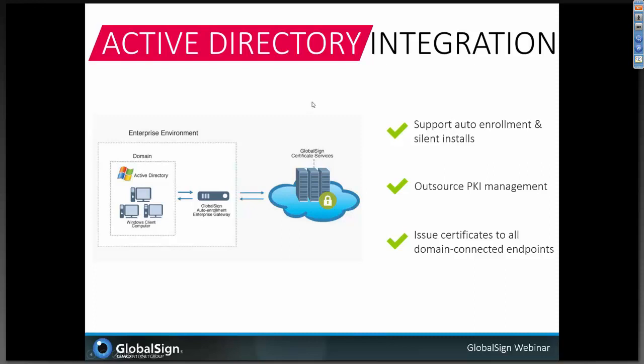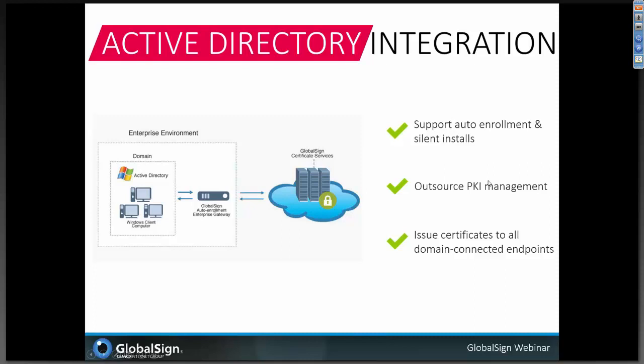So if you were currently running, say, a Microsoft CA and trying to issue trusted certificates, or doing more complex use cases, and you didn't want to be running your own PKI environment, you could use our cloud services and tie it right into your back-end Active Directory systems, using your group policies on how certificates get issued, and tie the GlobalSign cloud services directly into your corporate enterprise.